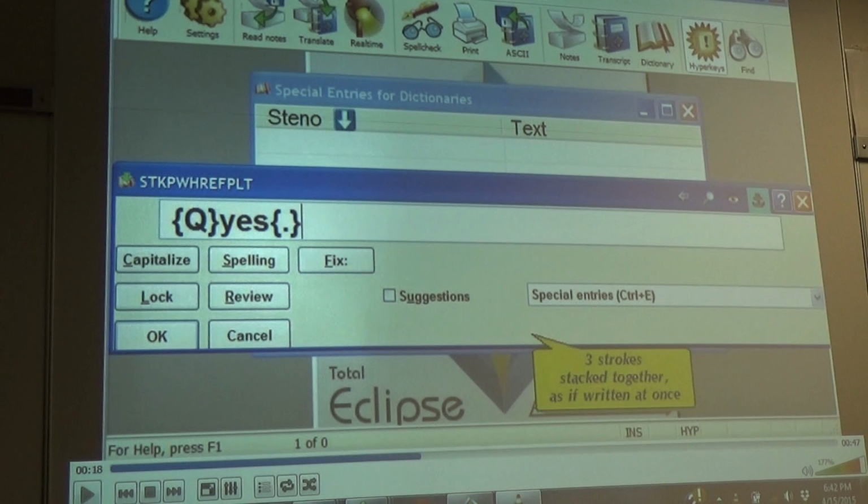You see what it's doing there? There were 3 different strokes stacked into one. It's the question, answer, yes, and then period, all in one stroke. You'd be surprised, but there are actually some reporters that write like that. 3 strokes in one, and it saves you 3 strokes.